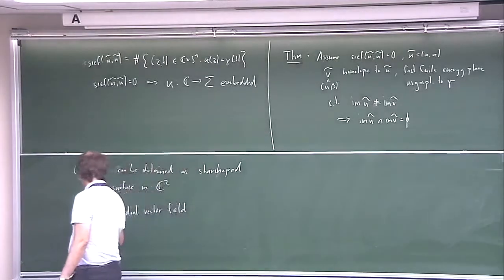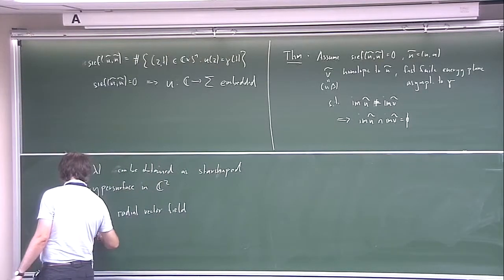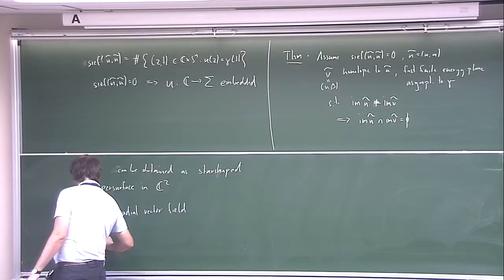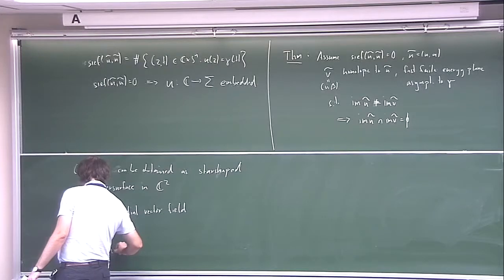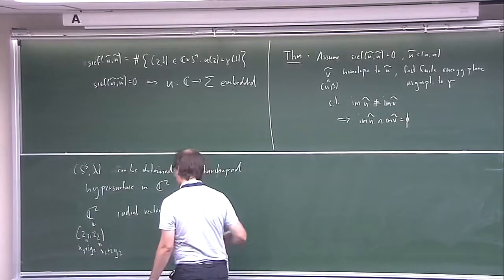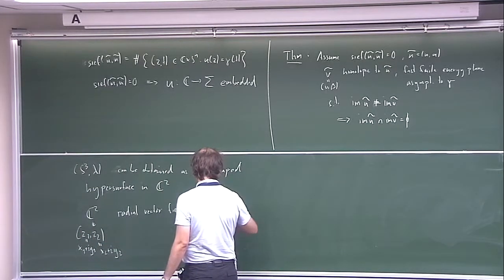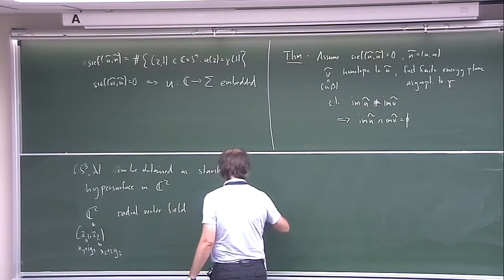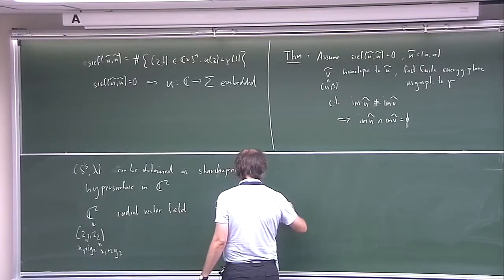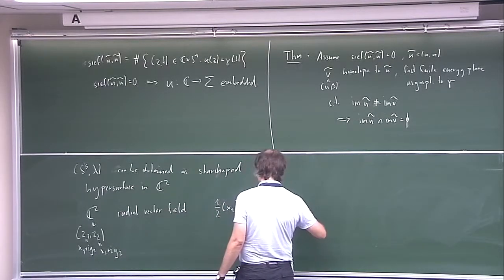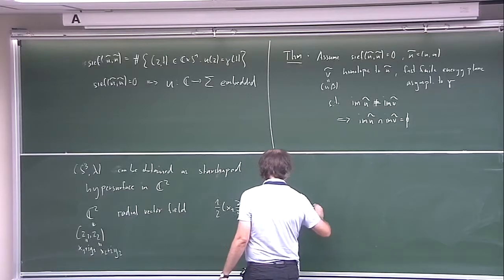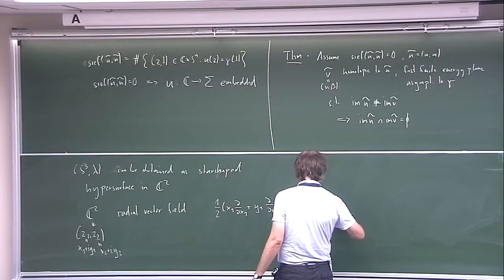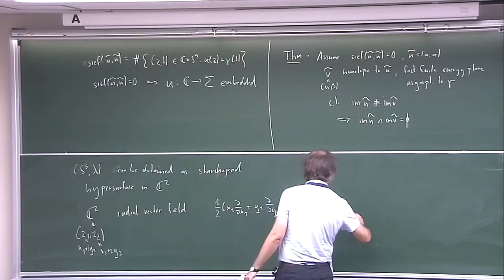Let's write points z1, z2, with z1 equal x1 plus i y1, and z2 equal x2 plus i y2. Then the radial vector field is one half of x1 dx1 plus y1 dy1 plus x2 dx2 plus y2 dy2, call it X.